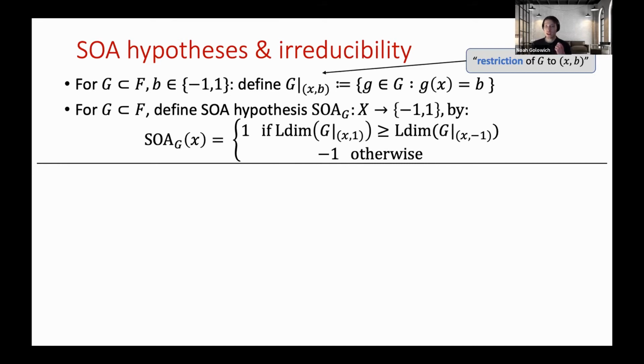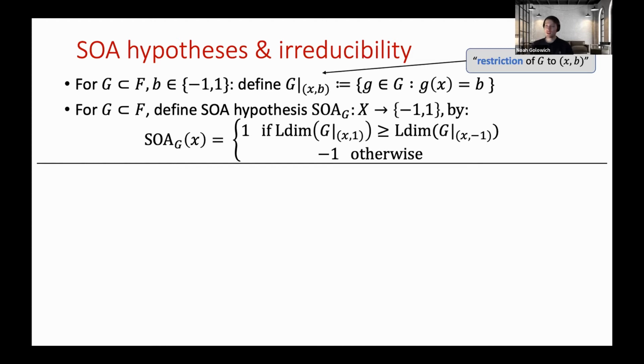So we're always setting SOA_G of X to a label, either 1 or -1, which maximizes the Littlestone dimension of G restricted to X and that label. One way to think of this intuitively is we're setting SOA_G of X to whichever label keeps the class larger when its size is measured by Littlestone dimension.